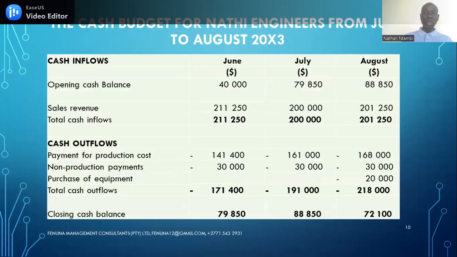Closing balance in June becomes opening balance in July, which is 79,850 plus inflows for July of 200 minus outflows of 191. Then it gives us 88,850, which becomes opening balance in August, plus inflows for August minus outflows for August again, giving us a closing balance of 72,100.